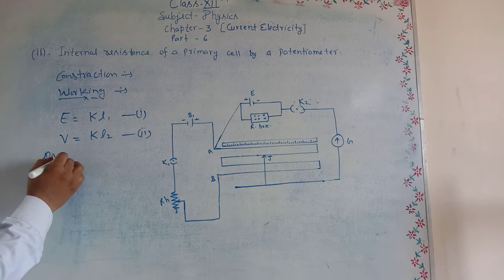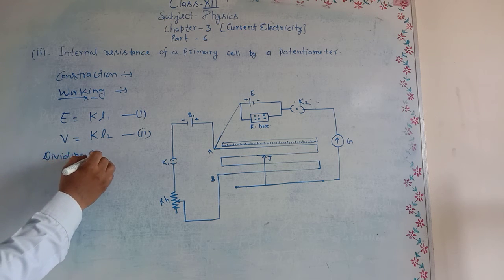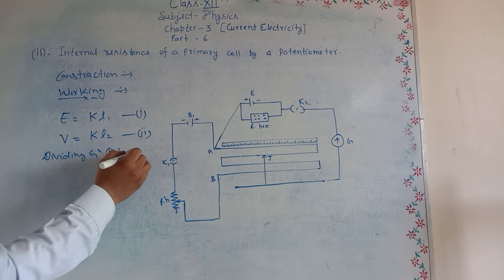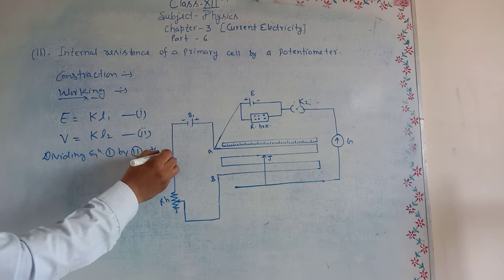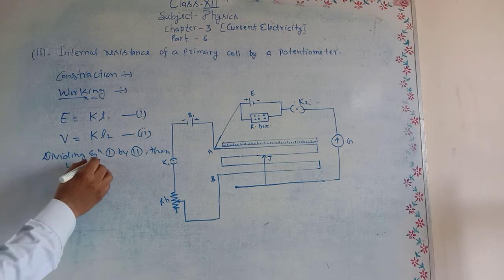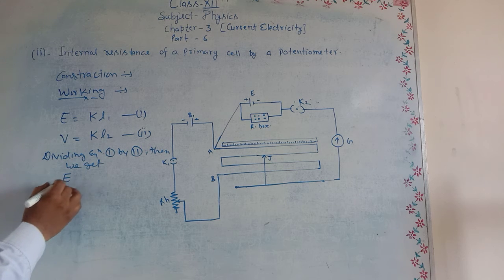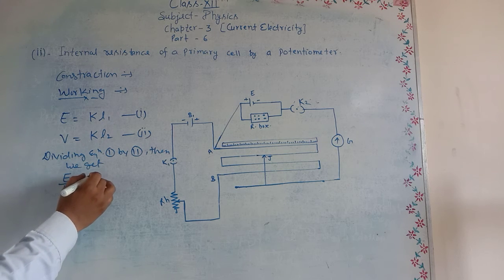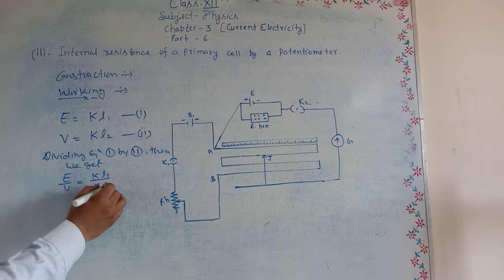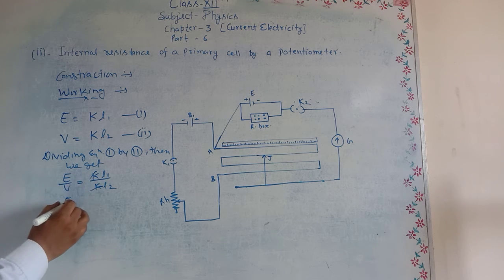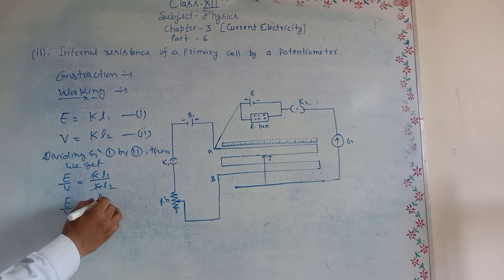Dividing equation 1 by 2, we get E upon V is equal to K L1 upon K L2, then E upon V is equal to L1 upon L2.